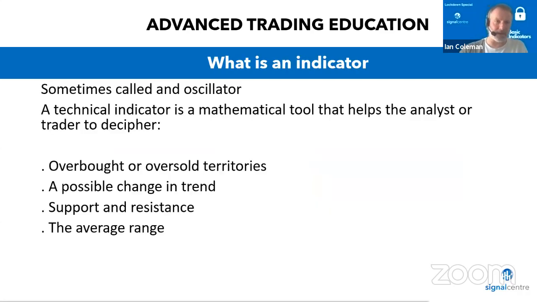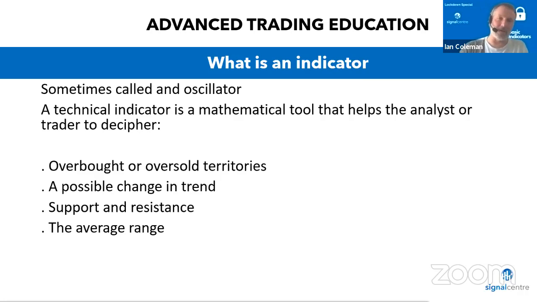So a technical indicator is basically a mathematical tool that helps us try, and obviously that's a very big word in trading, to decipher different situations that we're possibly in: overbought, oversold territory, possibly a change of trend. As we say quite a lot when talking about technical analysis, never use one indicator on its own.